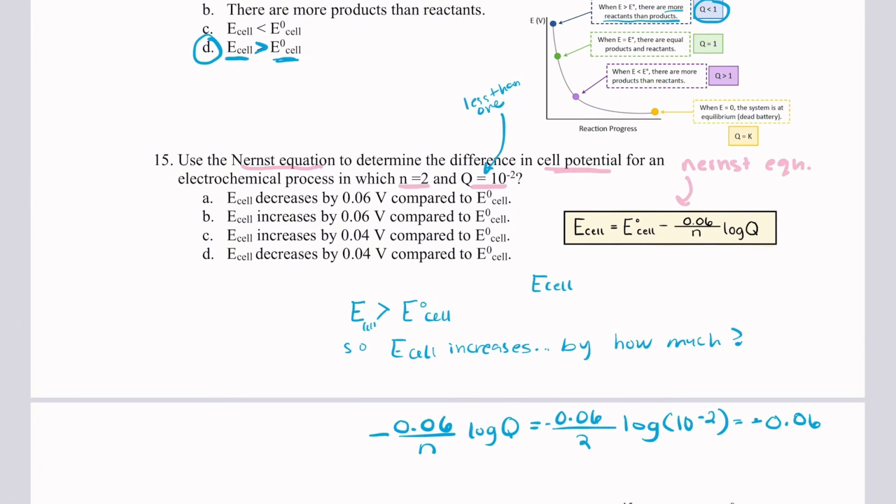In the Nernst equation, we subtract this term. So subtracting a negative number increases the cell voltage by plus 0.06 volts. Therefore, compared to the standard cell potential, the actual E cell increases by 0.06 volts. So that means the correct answer here is B.